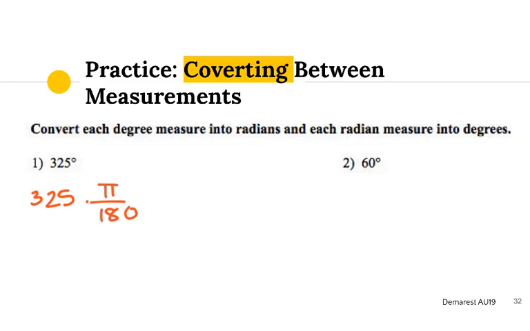And again, this is where you want to be careful, because really that would give us 325 pi over 180 as our radians. And we can't just type that into our calculator. Normally we just type something in and simplify the fraction that way. But you have two options. You can simplify by hand, if you don't have a school calculator, if you're on Desmos, by dividing both the numerator and the denominator by 5.